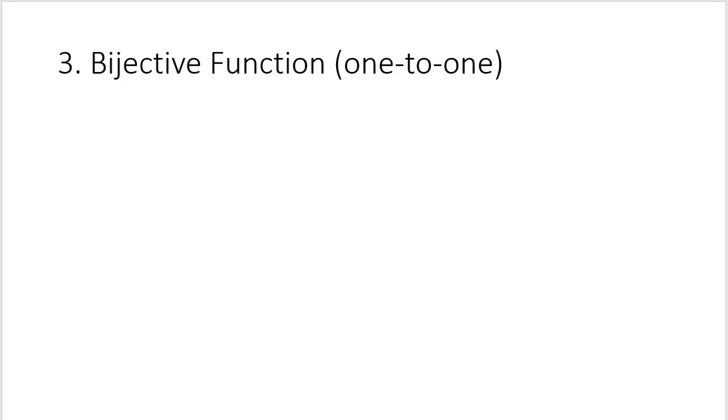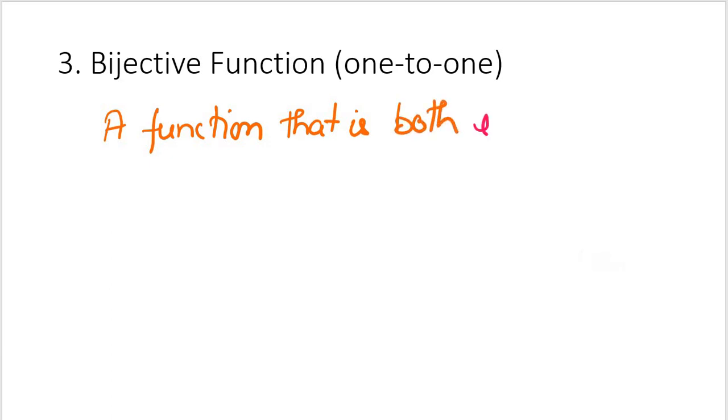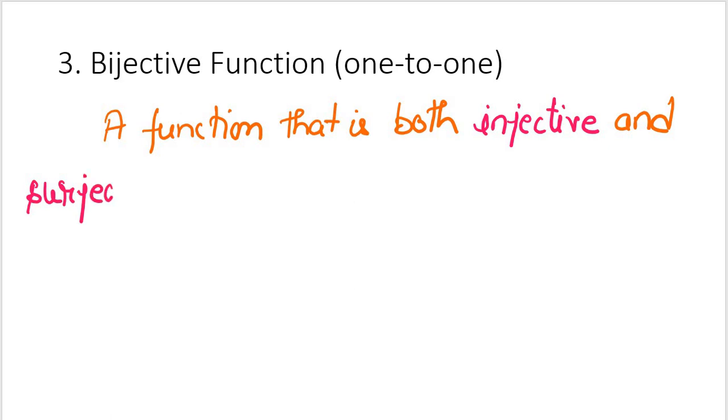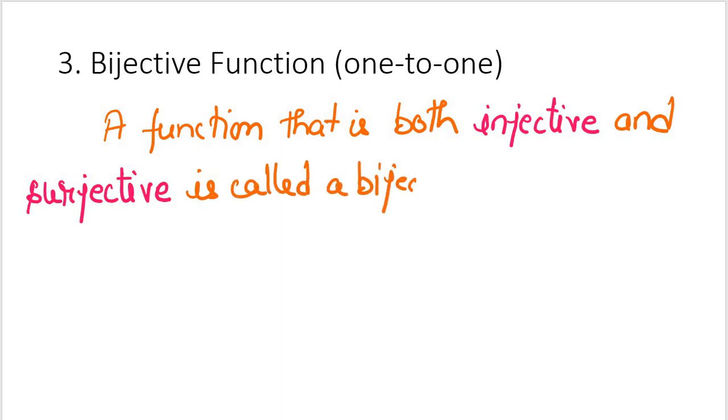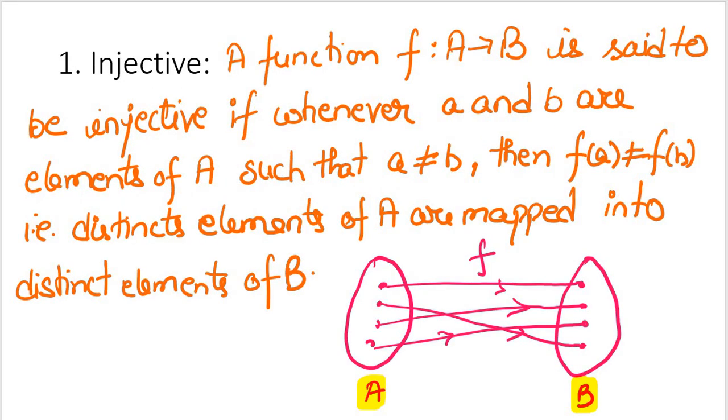So what this bijective function says is that a function that is both injective and surjective, the previous two which we studied, is called a bijection or one-to-one.